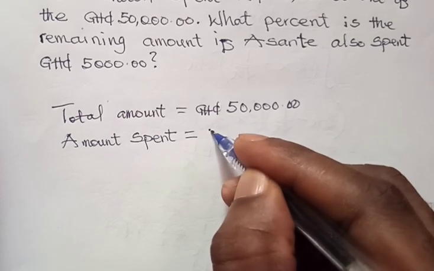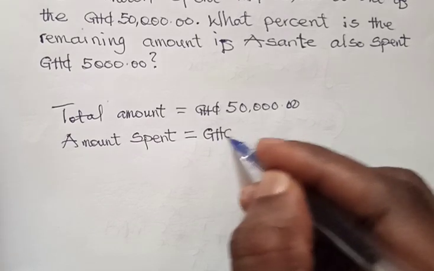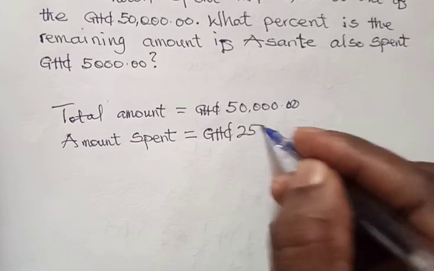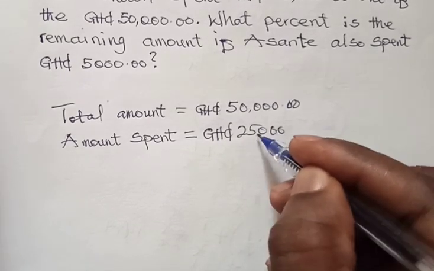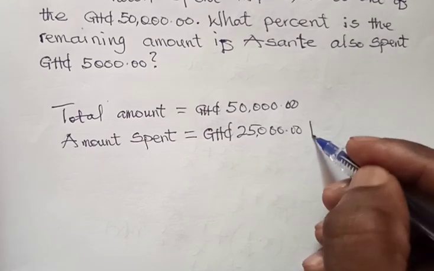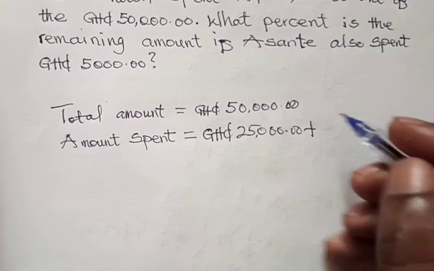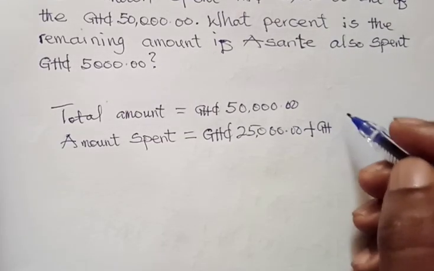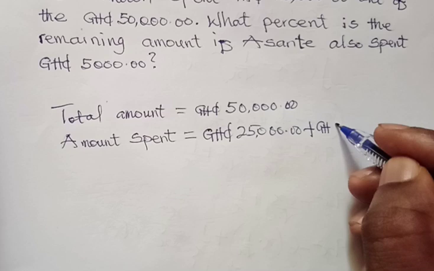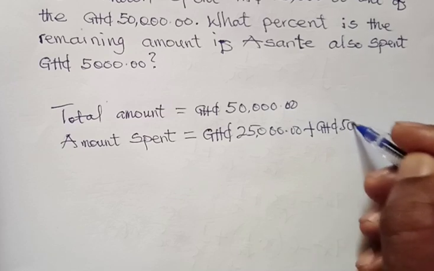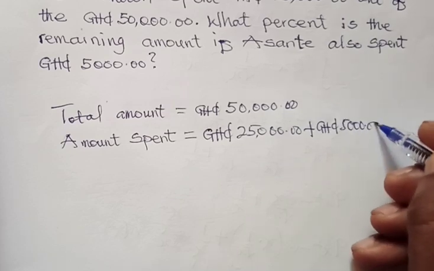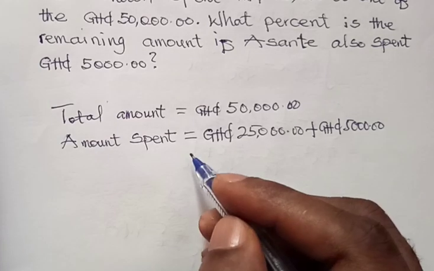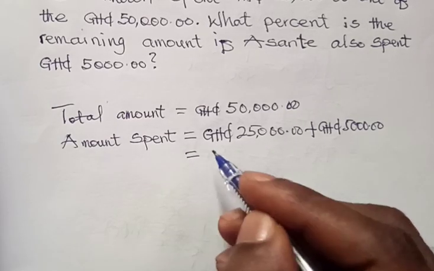So we are going to get this, which is 25,000 plus how much did Asante spend? That is, Asante also spent 5,000 Ghana cedis. Good. So we find the total of the amount spent.